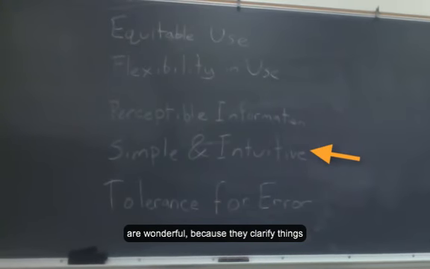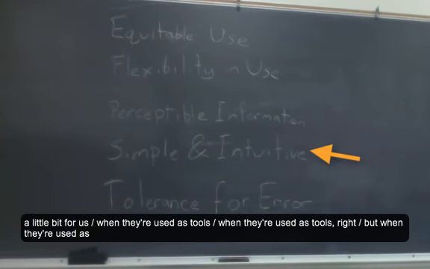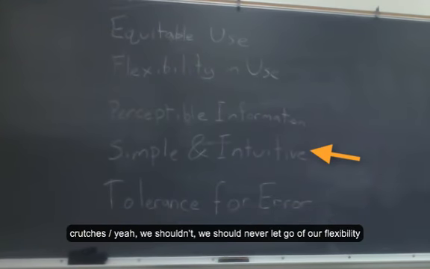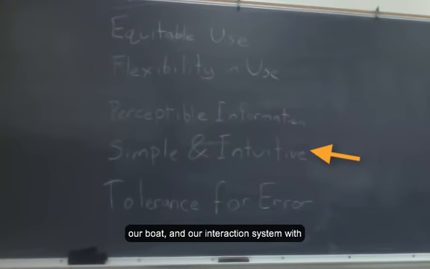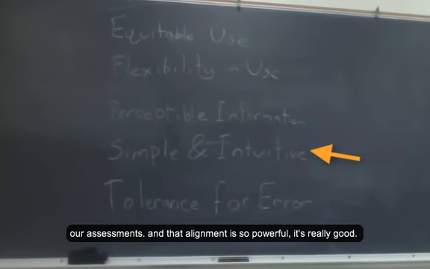And rubrics are wonderful because they clarify things a little bit when they're used as tools. But if they're used as crutches, we should never let go of our flexibility to let those become crutches. We can align our boat and our interaction system with our assessments, and that alignment is so powerful. It's really good stuff.